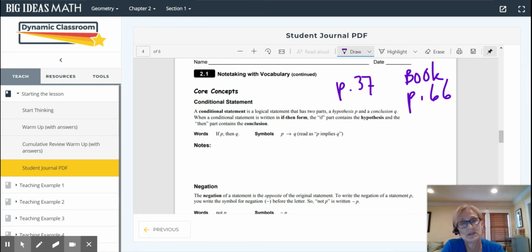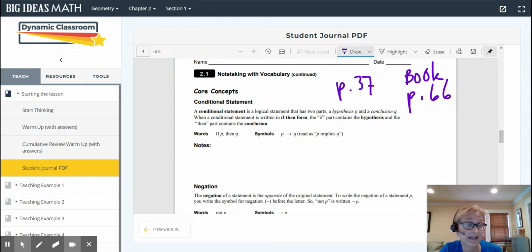A conditional statement is a logical statement that has 2 parts. A hypothesis, which we are going to from now on call P, and a conclusion, which we will call Q. Why? Well, the first reason is because they're big words and we don't want to write them 10 times.